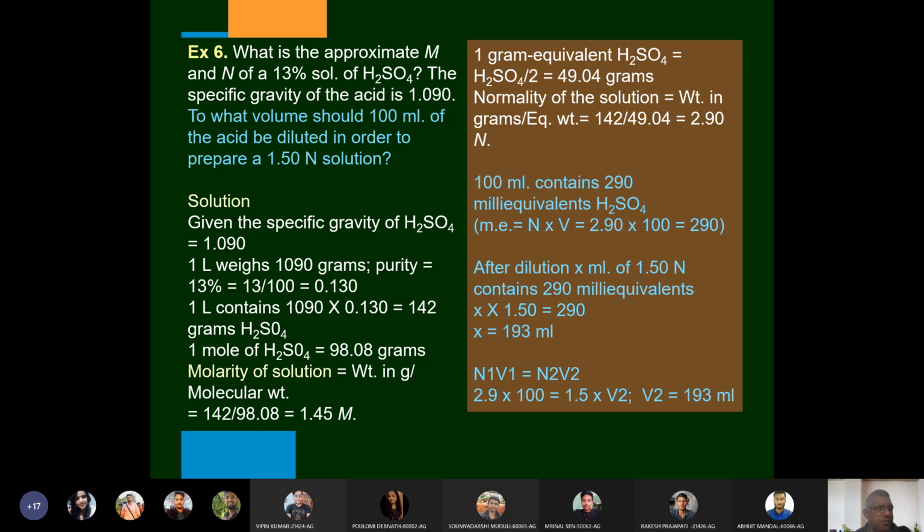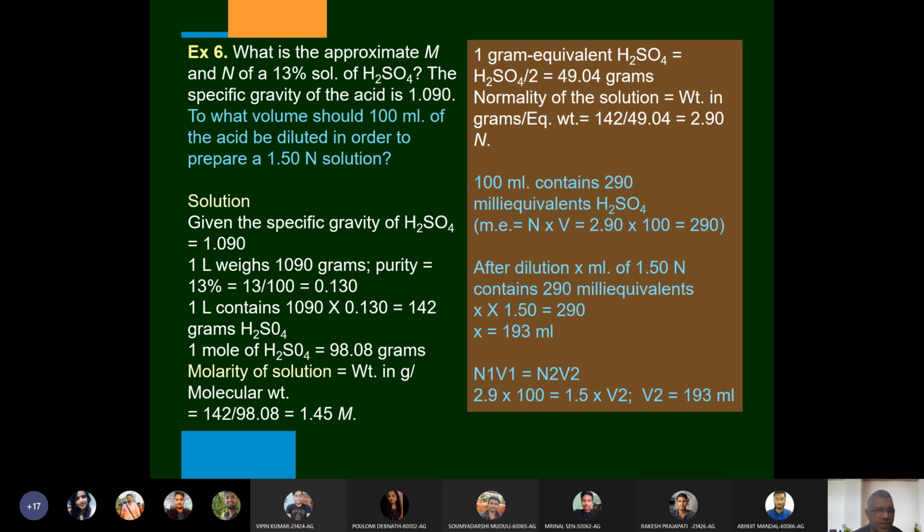And to what volume should 100 ml of the acid be diluted in order to prepare 1.5 normal? This is another part. Now we start. Given the specific gravity of sulfuric acid is 1.09, 1 liter weighs 1090 grams, of purity 13%. So you multiply 1.090 by 1000. That is in 1 liter.